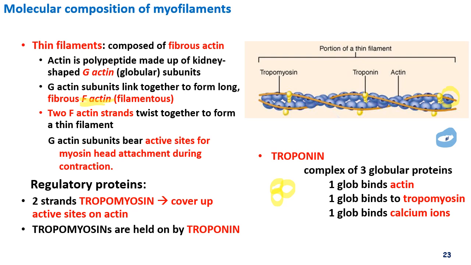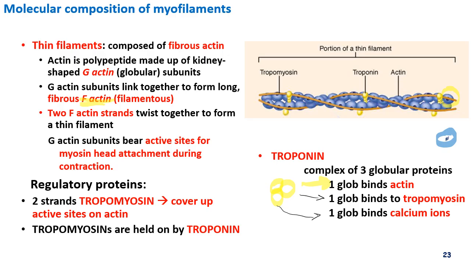One blob, or actually a globular protein, right? One blob is going to bind to actin, okay? So that's going to anchor tropomyosin to actin. Another section is going to bind to tropomyosin, of course. So if it's holding tropomyosin on actin, so one part has to bind to tropomyosin. Another part is a sensor part that is going to bind to calcium ions.